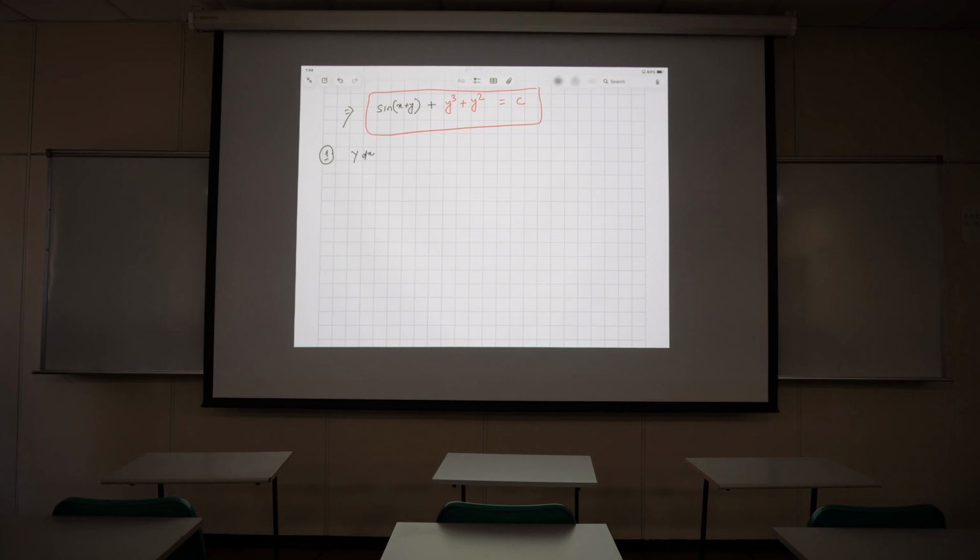y dx plus x dy is equal to 0. Solve this exact ODE. First test the exactness and solve it.